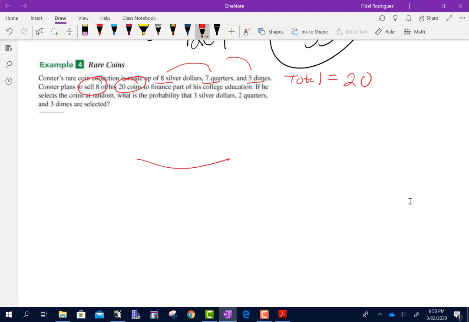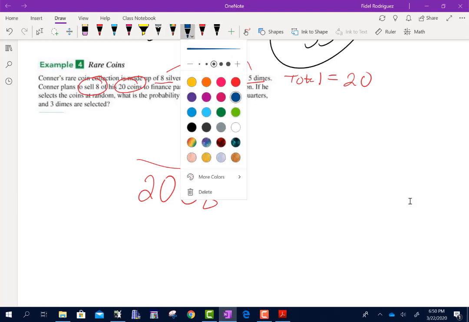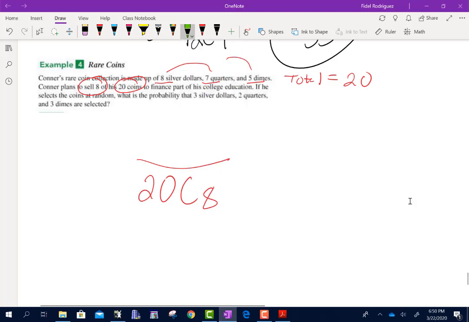So first thing I'm going to do, guys, I'm going to do my denominator. 20 choose 8. Now when I do the second piece here, we're going to pick 3 silver dollars, 2 quarters, and 3 dimes. So I want you to notice we have 8 silver dollars. We're going to choose 3 of them.